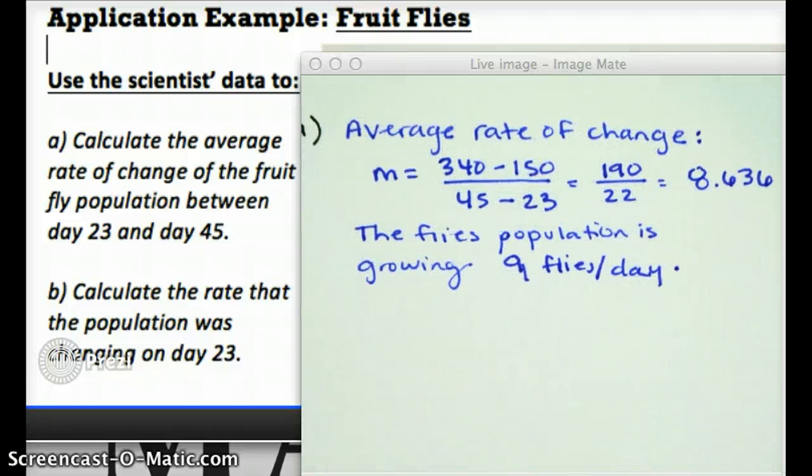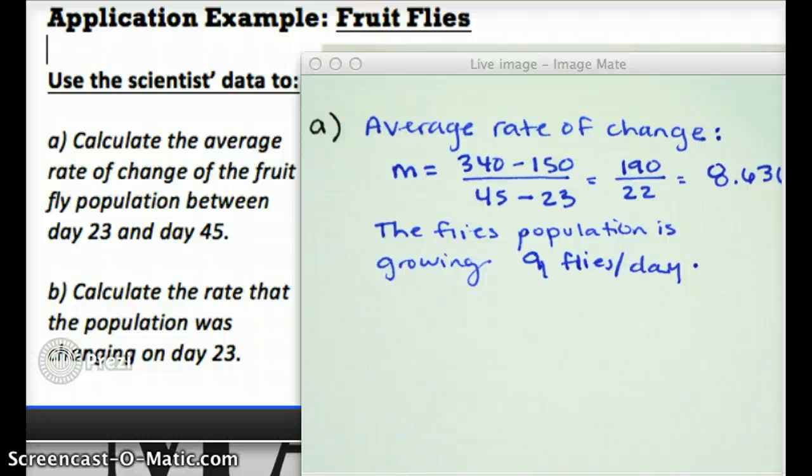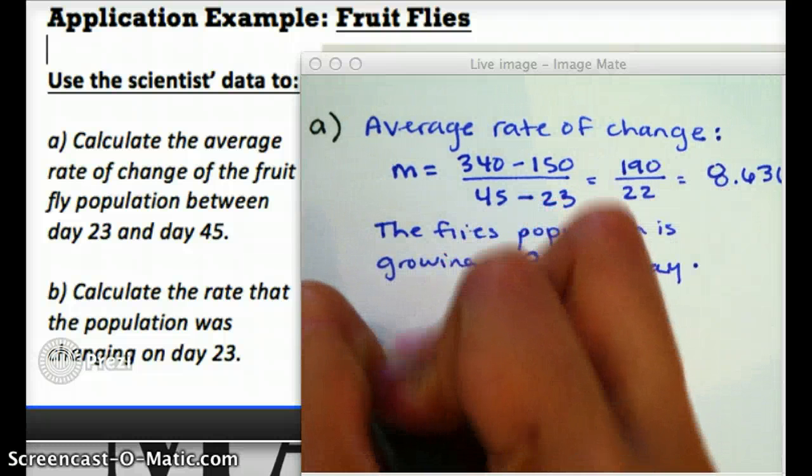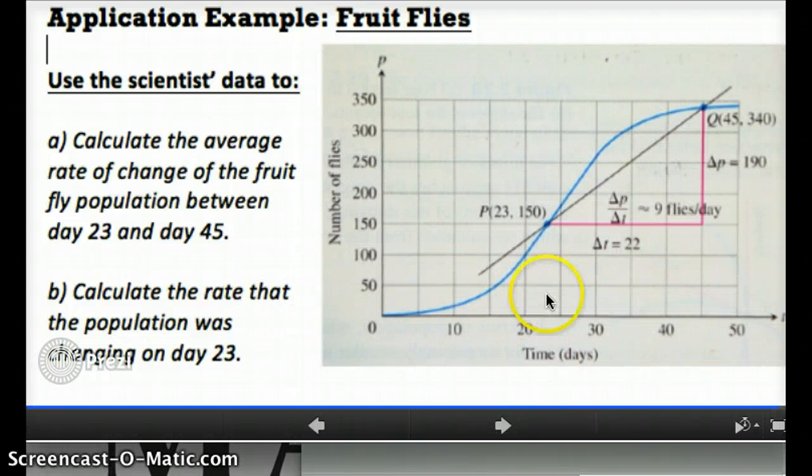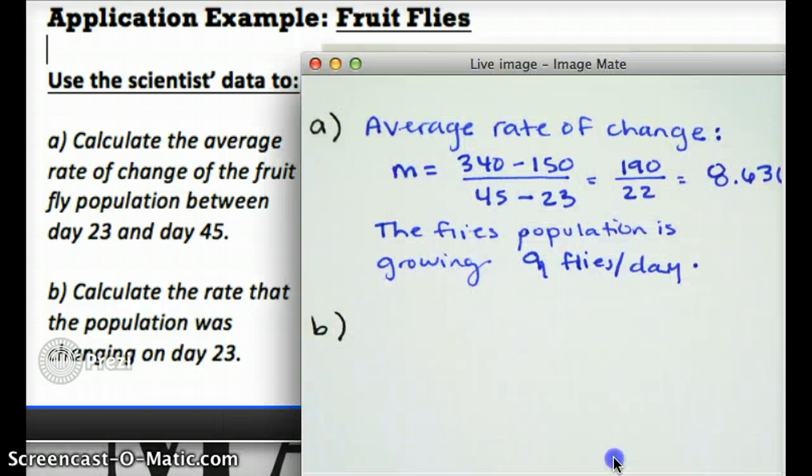Turning to B, the goal for B was to calculate the population growth on day 23. So if I go back to the graph for a second, obviously we have this 1 point, which is 23, 150. Now, maybe my instinct would be to calculate a slope again.